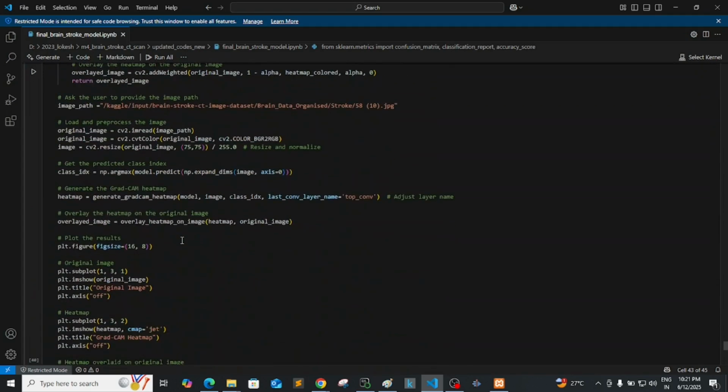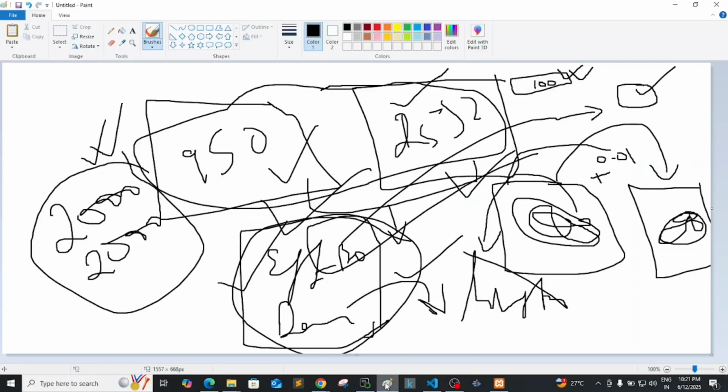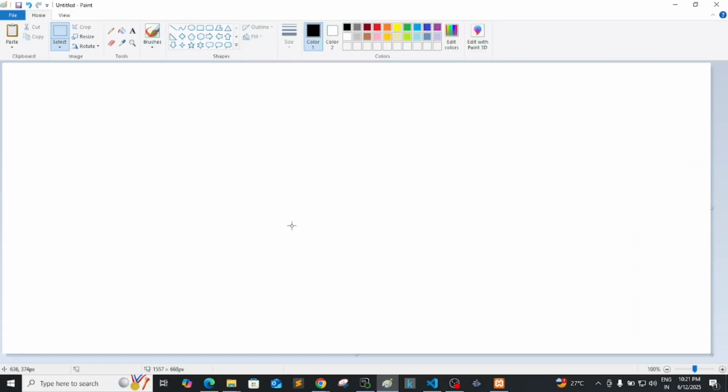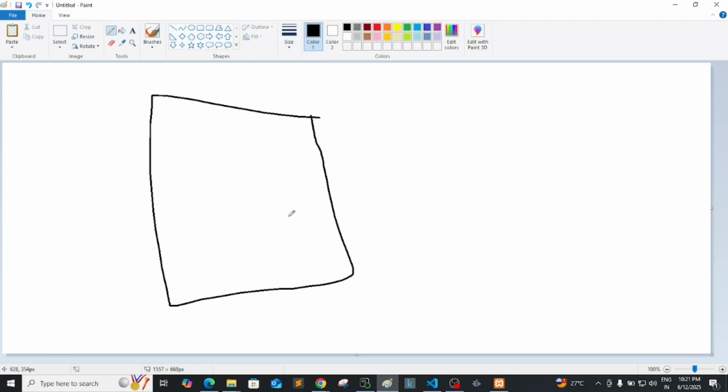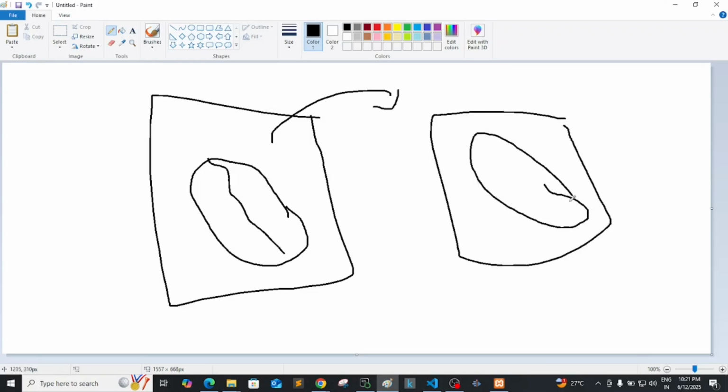Then we use explainable AI. I forgot to mention that in the explanation. What is this explainable AI? I will tell you. So why is it needed? When you present all these special things, it will bring more weightage. For example, let us take this is a brain. Now when my deep learning model says it is a no stroke image, let us take the brain, and here there is a stroke.